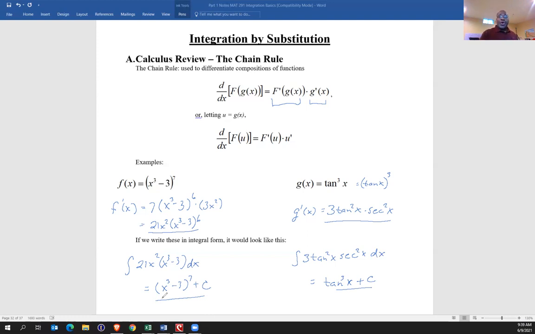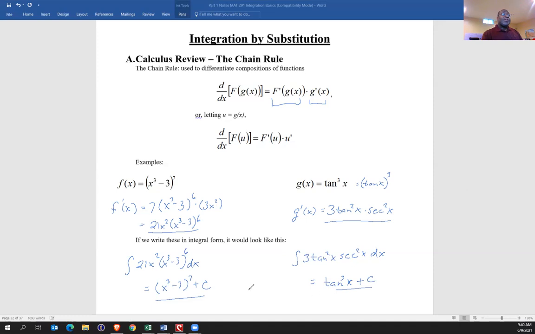Now, had we not known what the derivatives of these were at the outset, you might be hard pressed to try to integrate these functions standing alone. If you saw, for example, 3 tangent squared x secant squared of x, you might not know just off the top of your head that that's the derivative of tangent cubed of x. So how can we use integration to help us solve these types of integrals?